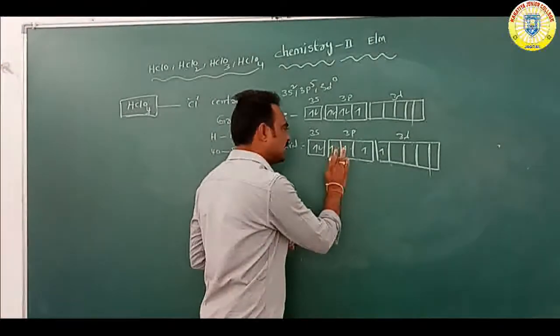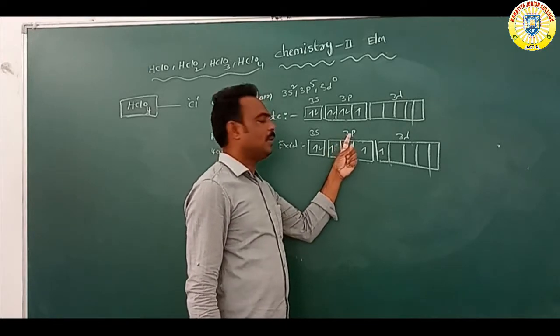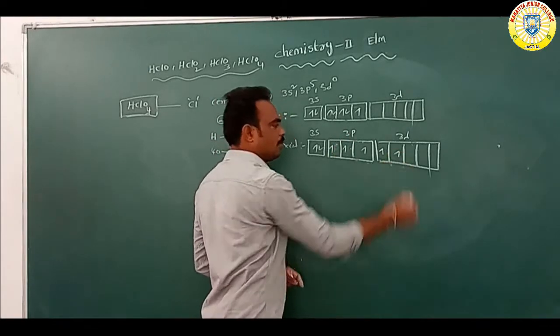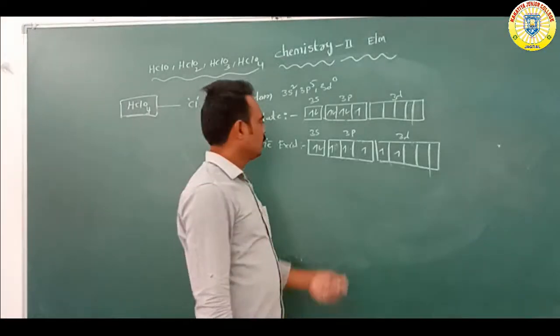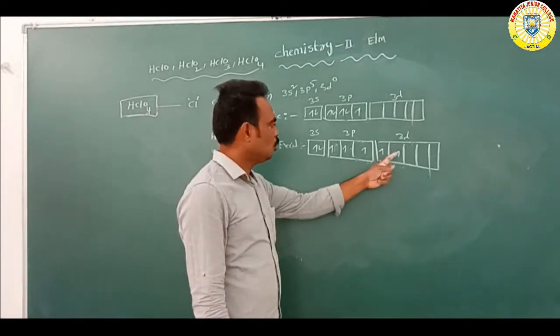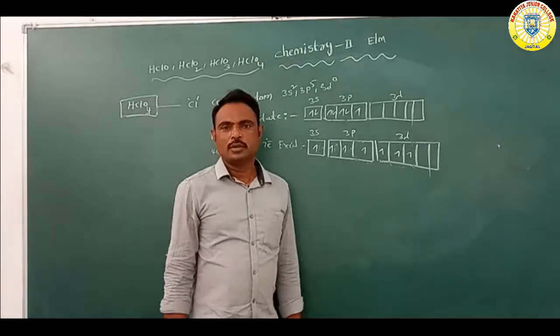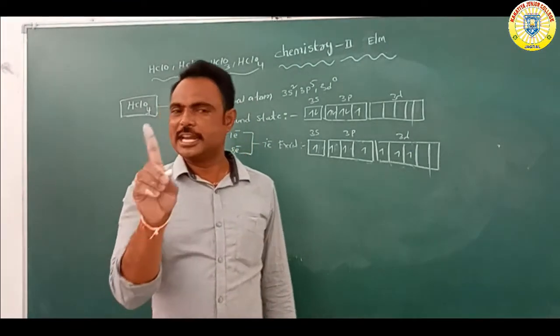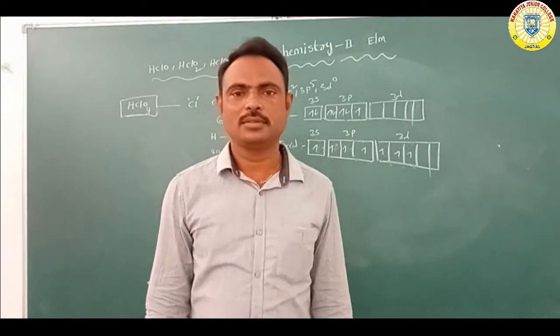In the second excited state, another single electron from the 3p orbital goes to the 3d orbital. In the third excited state, one electron of the 3s orbital is jumped to the 3d orbital. The third excited state contains 7 single electrons.